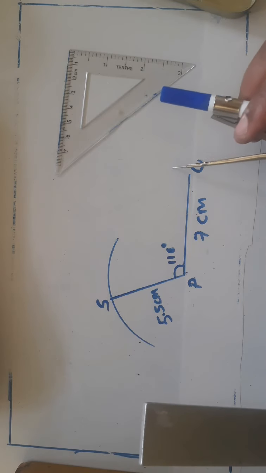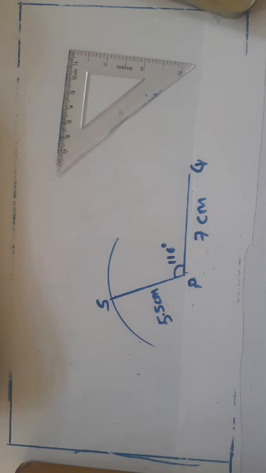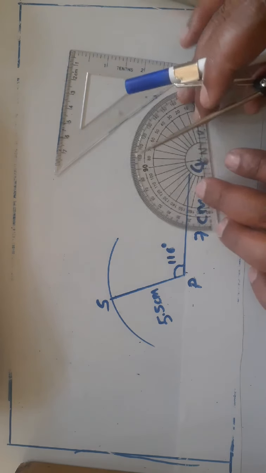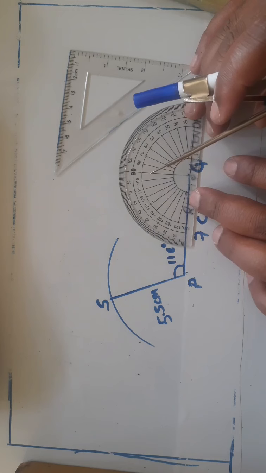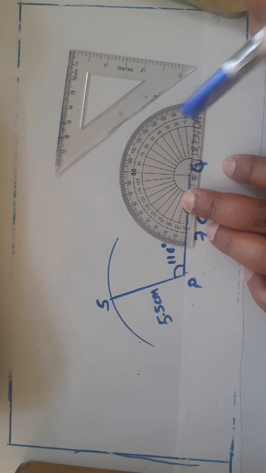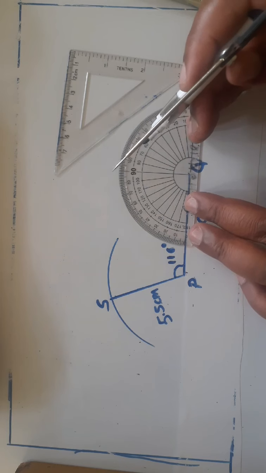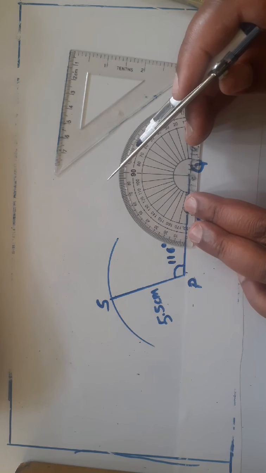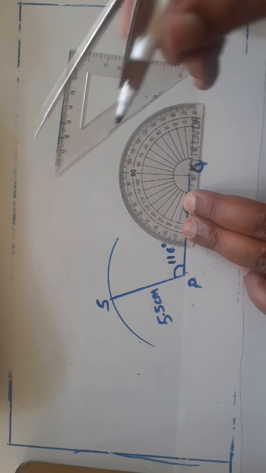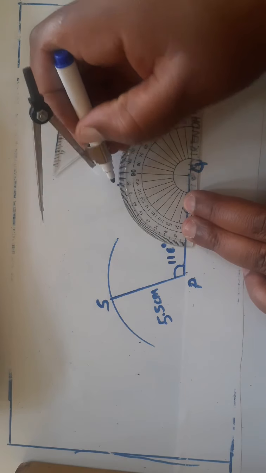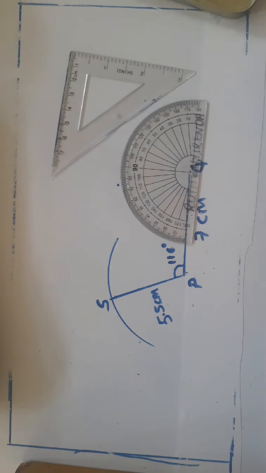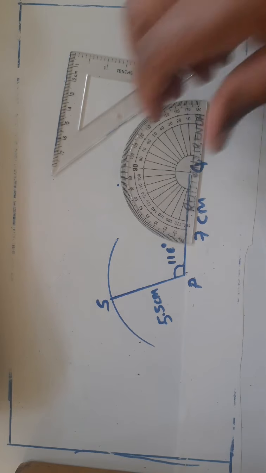I need to measure 80 degrees. So you measure 80 degrees with this, following the same procedure. You adjust your protractor like that. Then you go to 80. Put a mark there, just a mark. That point is for 80 degrees.